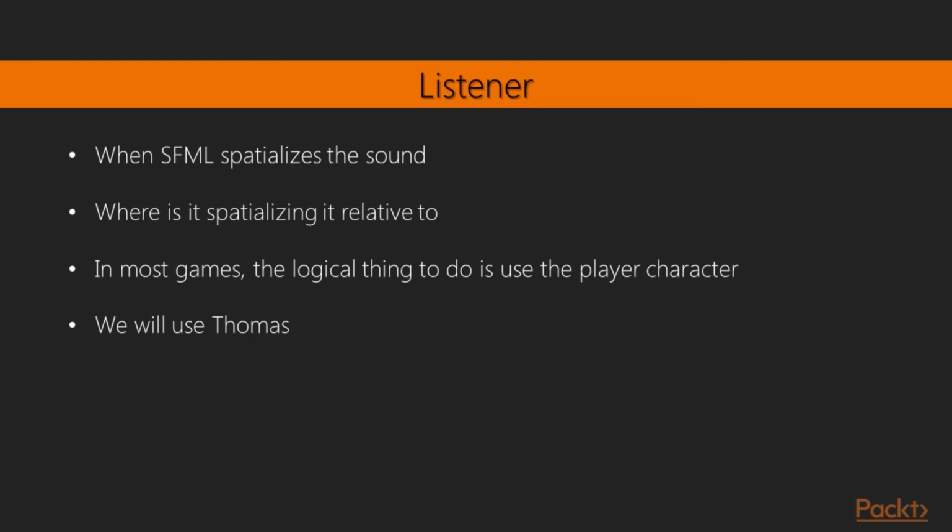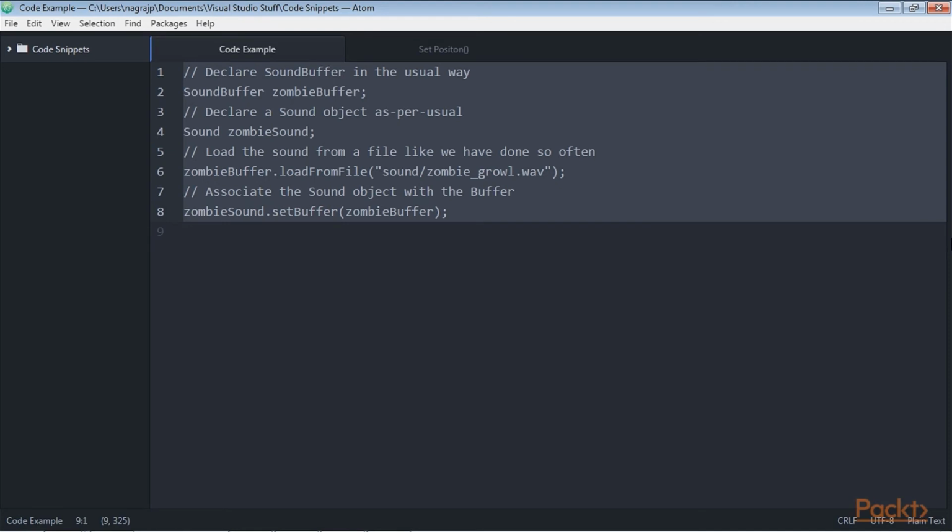Moving on to how SFML handles spatialization, SFML has a number of functions that allow us to handle emitters, attenuation, and listeners. Let's take a look at them hypothetically, and then we will write some code to add spatialized sound to our project for real. We can set up a sound effect ready to be played, as we have done so often, as you can see in this highlighted code.